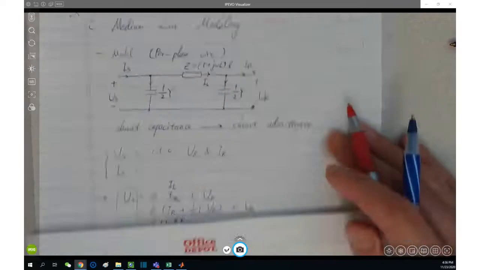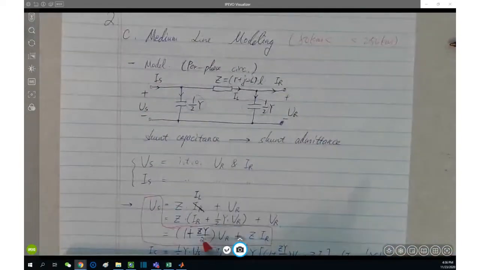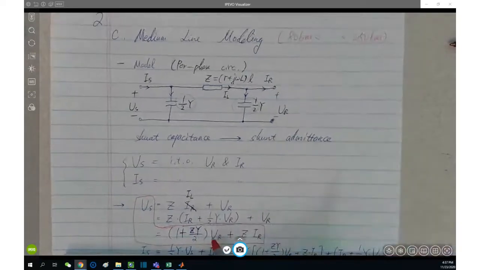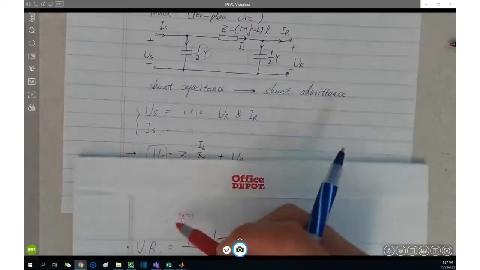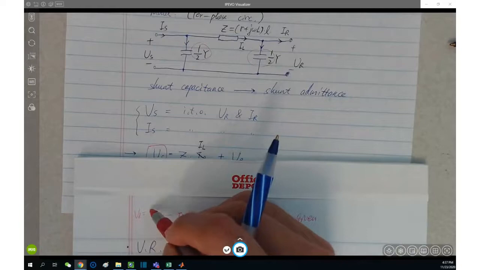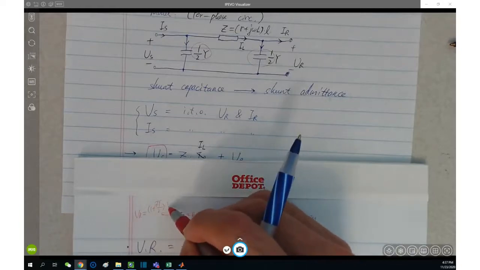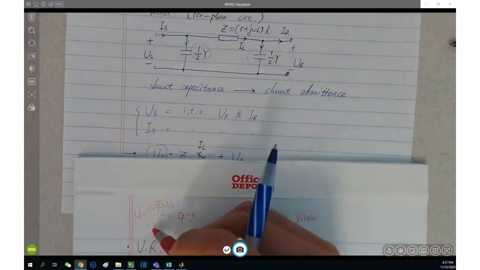And then you go back to here. Then Vs just equals 1 plus ZY divided by 2 times Vr. And from here, you derive Vr basically. That means Vr equals Vs divided by 1 plus ZY over 2, or just equals A times Vs.